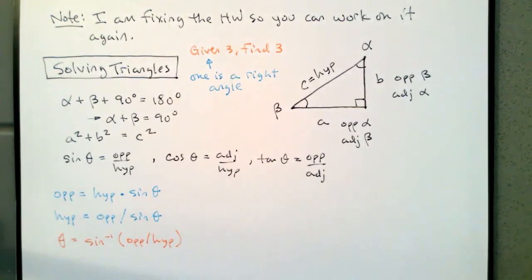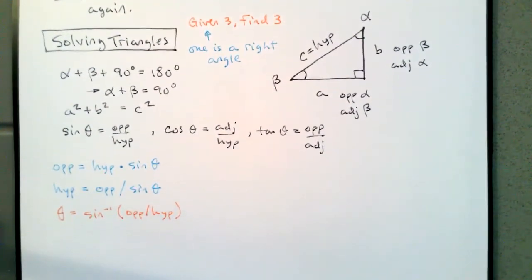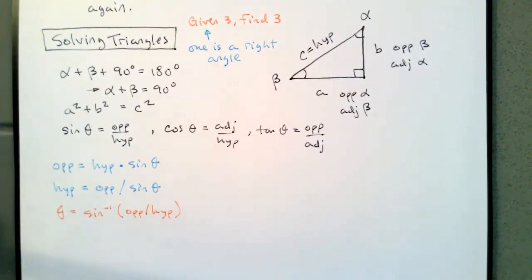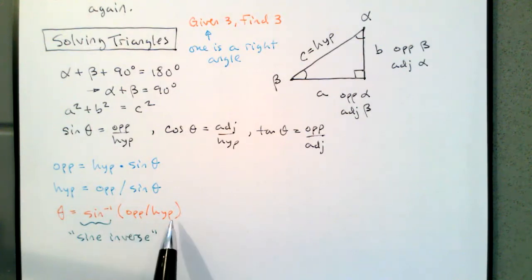And we want to remind ourselves when we write sine inverse, we say sine inverse, not sine to the -1. It's not a -1 exponent. It's a notation for the inverse sine. So sine inverse or inverse sine of opposite over hypotenuse.